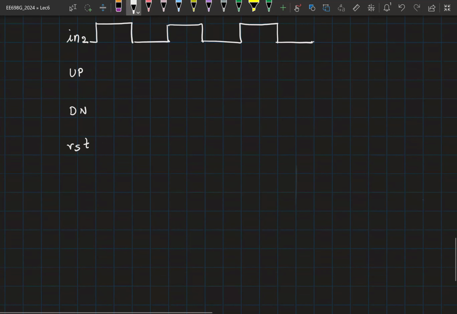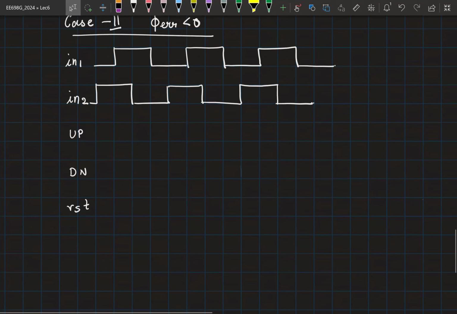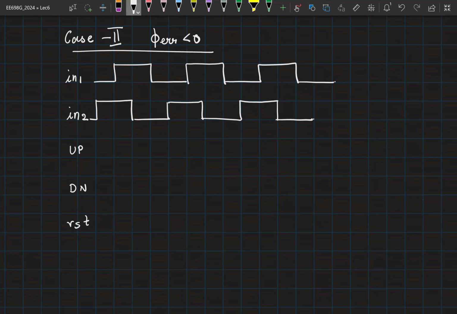So again, at the rising edge of in2, your down is going to go high. Rising edge of in1, up will go high. Once both of them go high, after a delay of T reset, your reset will go high, which means up and down are going to come down after that. And then the reset will also come down after another reset delay.